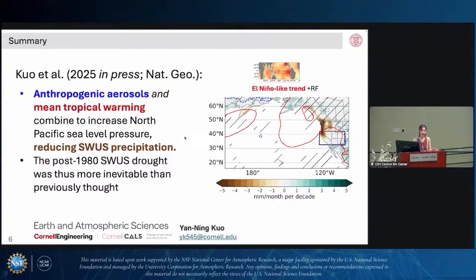We correlate the AOD to the La Nina-like SST due to aerosol, and we identify there's a shift mode. Basically, when your aerosol emission decreases over North America and Europe, and your aerosol emission increases over Asia, that specific mode contributes to the La Nina-like SST in the Pacific and also the circulation over the North Pacific. But we didn't do the analysis here.